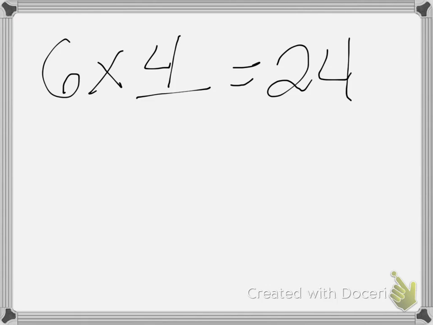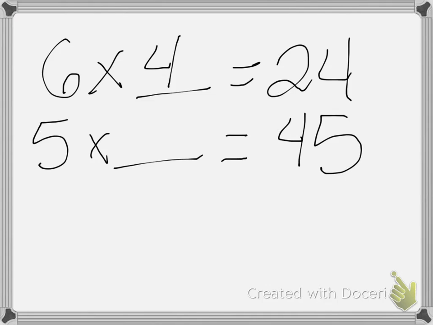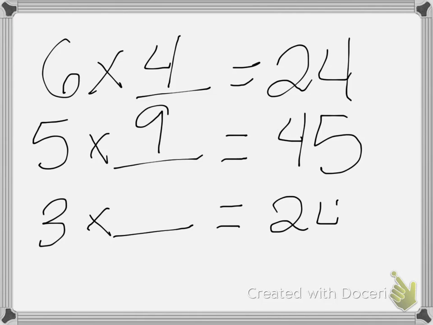2B, what factor is paired with 5 to give 45? So 5 times what equals 45? Counting by fives, 5, 10, 15, 20, 25, 30, 35, 40, 45, we get to 9. 2C, what factor is paired with 3 to get 24?